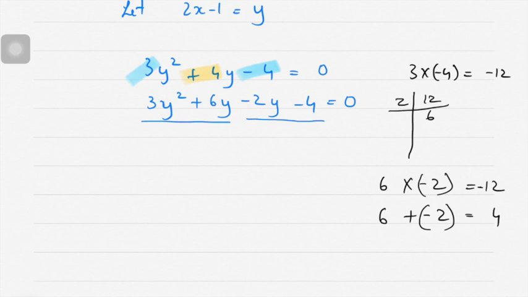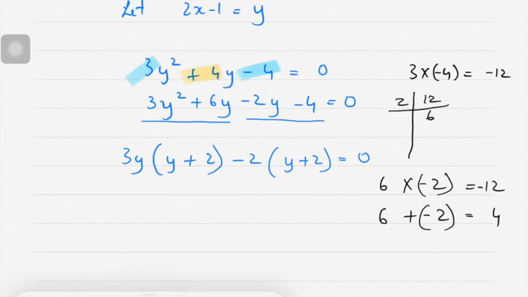Now this I will take together, that is 3y square plus 6y I will take together, and minus 2y minus 4 I will take together. Okay, so what is common? 3y is common, so y plus 2. Here minus 2y minus 4, so I will take minus 2 out.